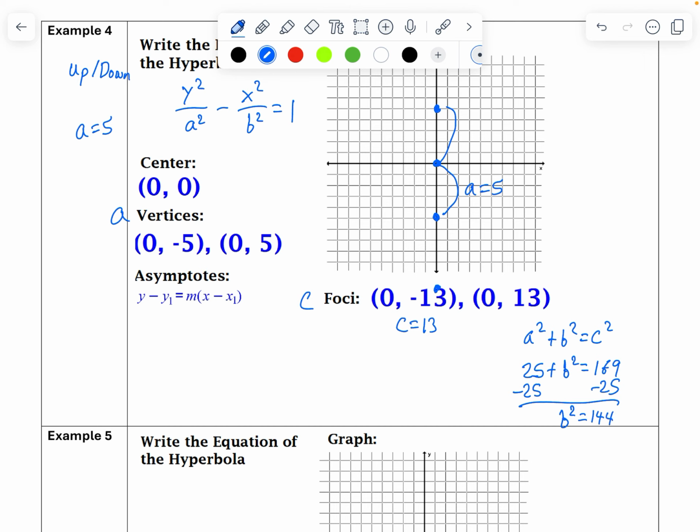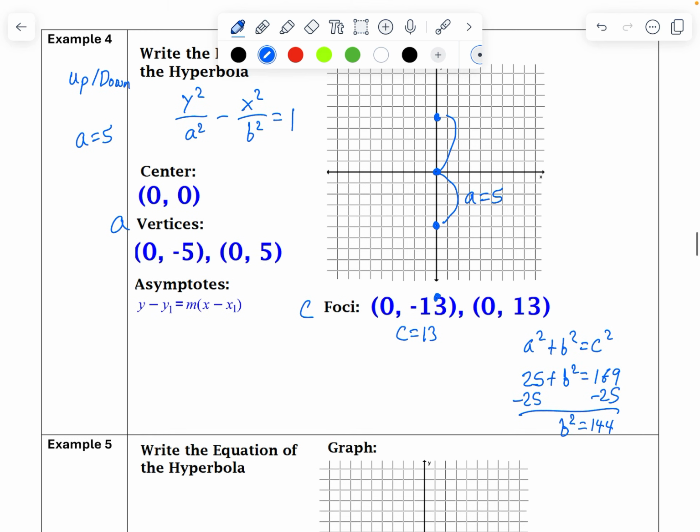We could find the regular b value by taking the square root of 144, but we don't need to because now we have everything we need for the equation. So it would go y squared over 25, because remember, a is 5, b is 12, and then minus x squared over 144 equals 1.